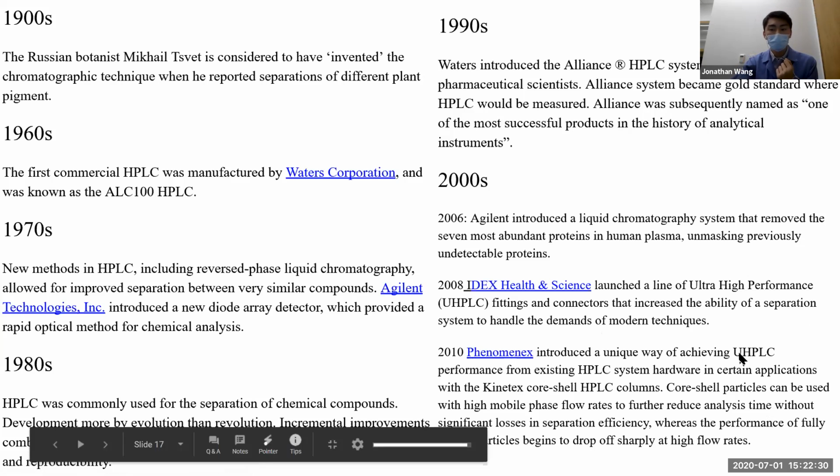They made the world-class columns that we use, called Kinetex core-shell columns. So we actually buy the HPLC system from a different company, discard their columns, and buy Phenomenex columns. That's kind of how the state of things are now. They offer the best separation technology. So one of you might work for these companies later on in your career.